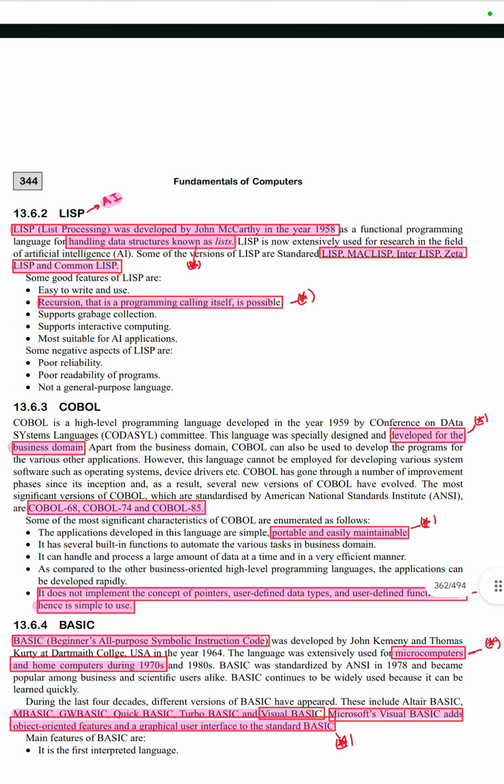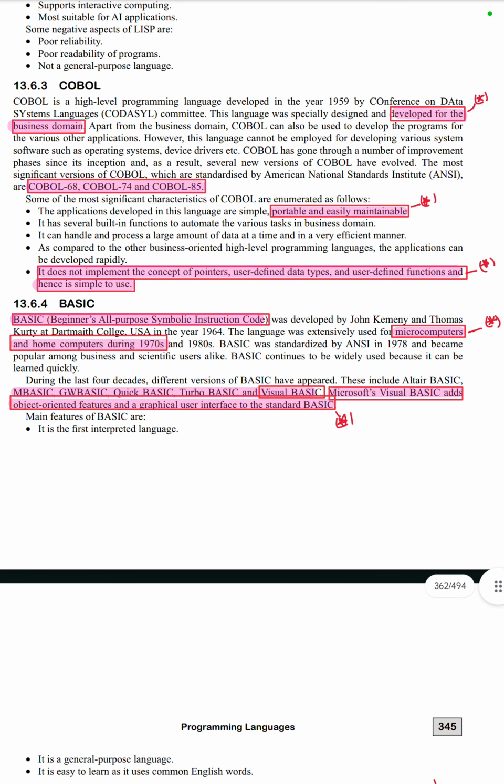Basic, Beginners All-purpose Symbolic Instruction Code, was used on microcomputers and home computers during the 1970s.